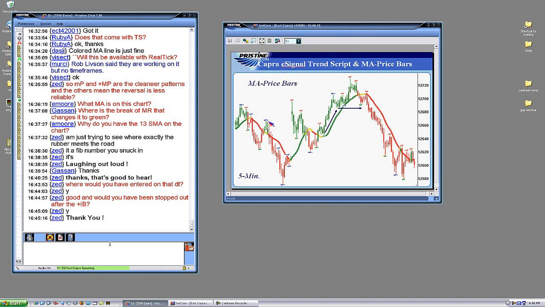If it appeals to the eye, then use it. Basically, as long as we're below the moving average, it colors the bars red, regardless of the open and close. And if it's above the moving average, it colors it green. The use for this is just visual; the color of the bar is not important.